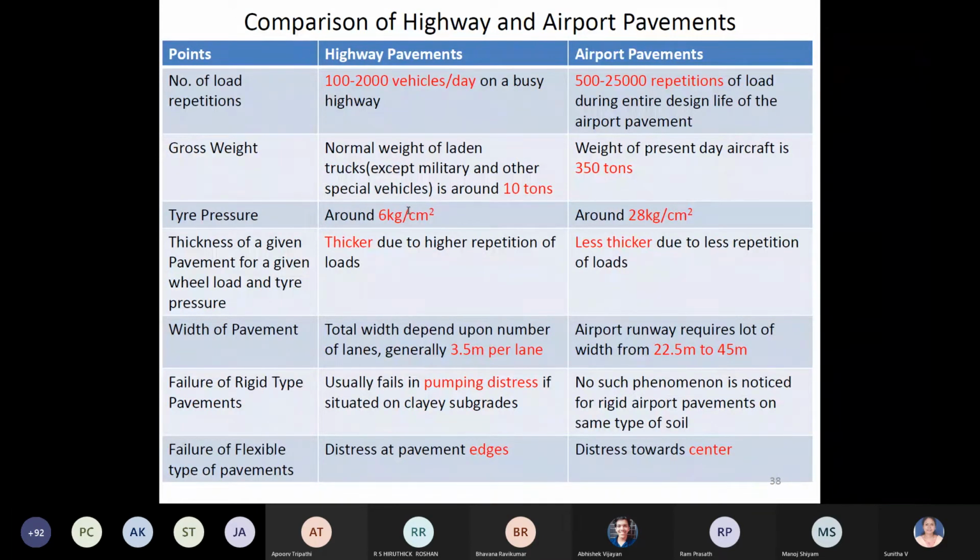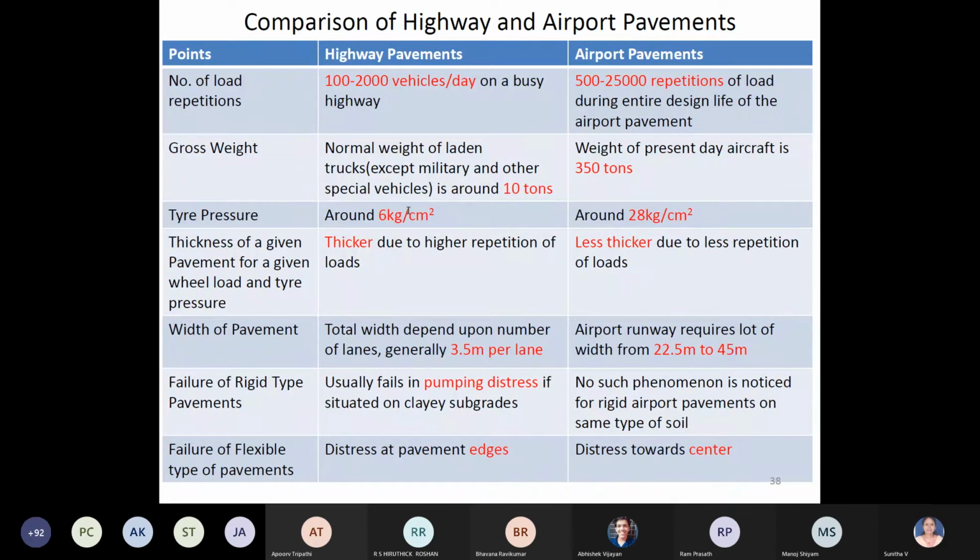If some finer particles also come out along with the water, it's called pumping distress. This is especially so on a clayey subgrade. Usually for airport pavements, such distress is not generally noticed.